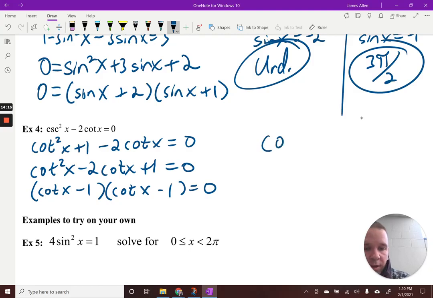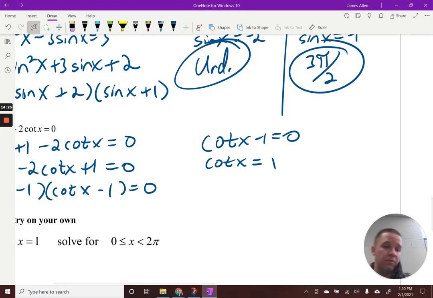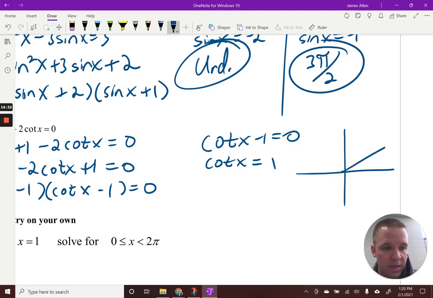So really only need to solve one of those. So when's cotangent of x equal to positive 1? That is the reciprocal of tangent, but when tangent equals 1, its reciprocal is also 1. So we are going to be in the first quadrant, which is pi over 4. And we actually had this one come up before.